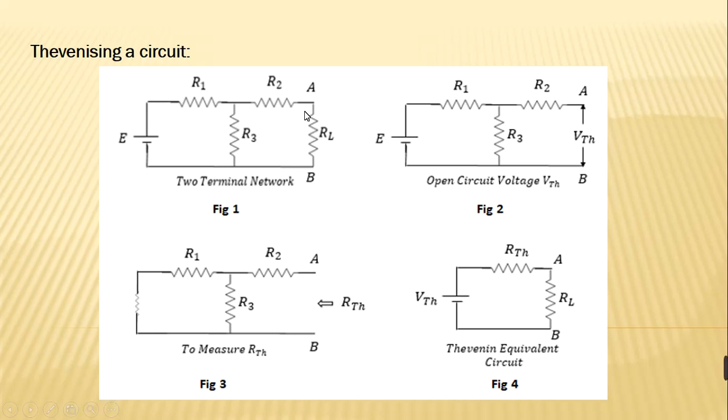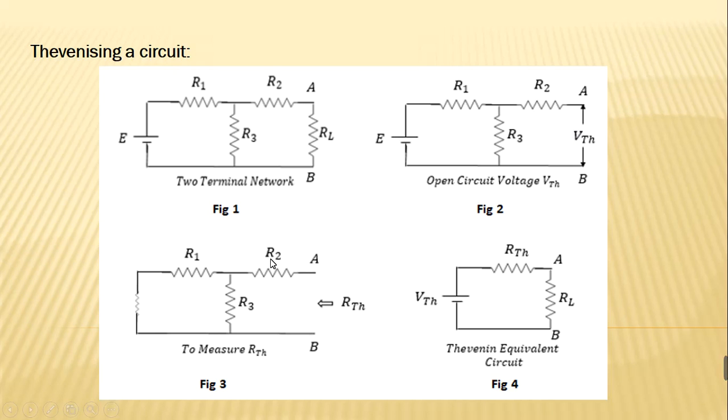The very first step is to disconnect the load resistance between the terminals A and B. Secondly, we have to determine the open circuit voltage across the terminals A and B. Open circuit voltage is nothing but your Thevenin's voltage.